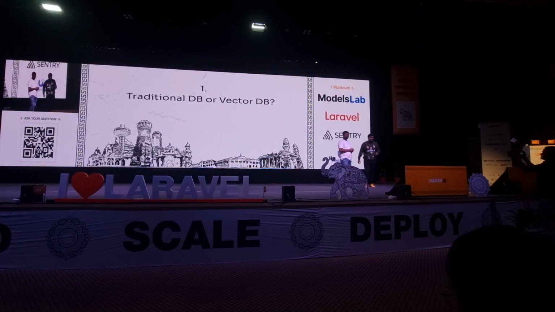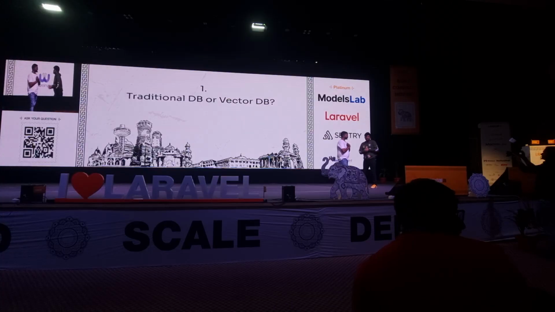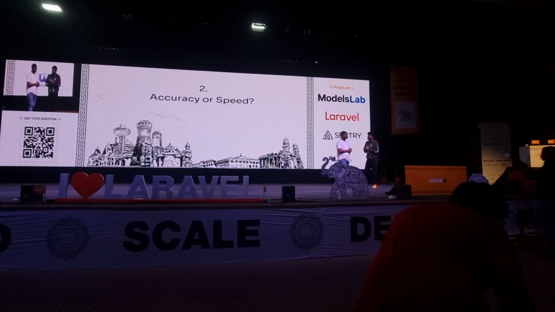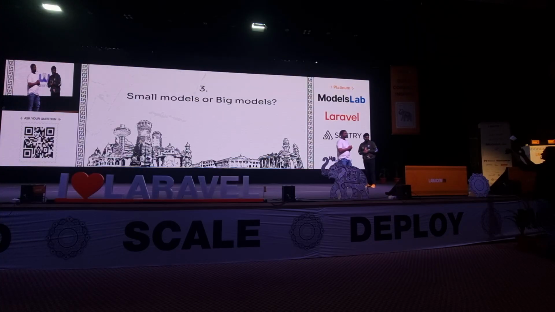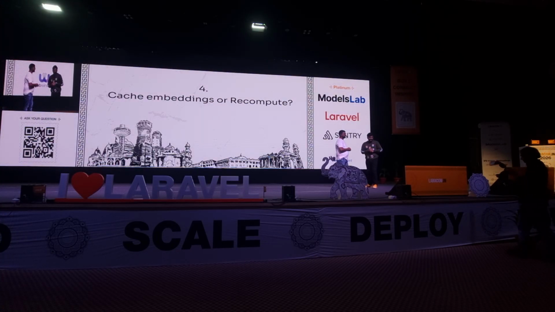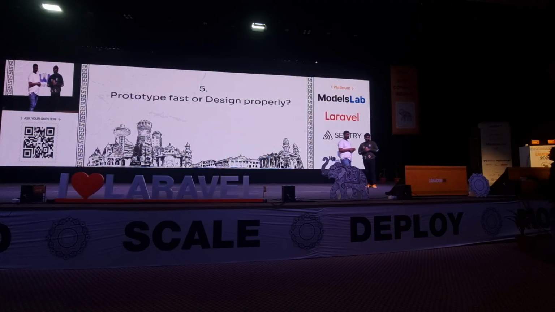Alright, so first, traditional DB or vector DB? It depends, but I would like to go with vector DB. Second, accuracy or speed? Speed. Third, small models or big models? Starting from small models and eventually growing up to big models. Cache embeddings or recompute? Caching. Fifth, prototype fast or design properly? It would be designed properly.